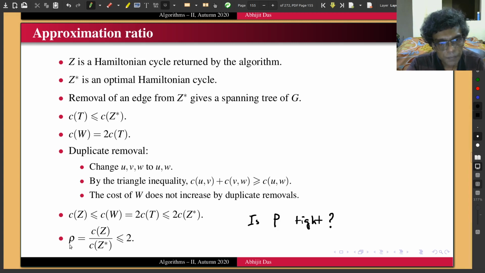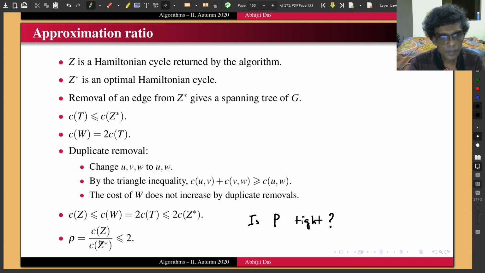So anyway, for the Euclidean traveling salesperson problem, I can therefore arrive at an approximation algorithm which gives me TSP tours not worse than 2 times the optimal TSP tour.